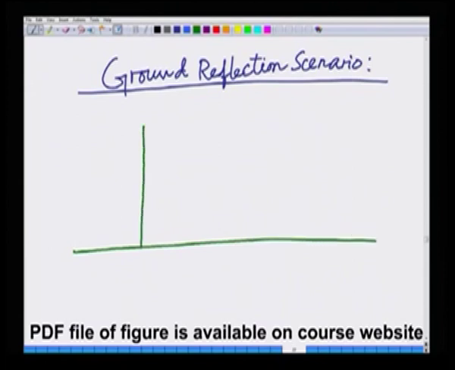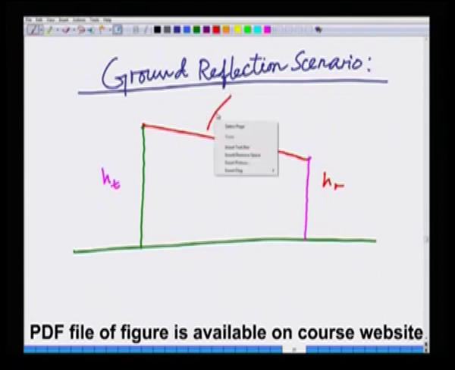I have a transmitter at a height ht and a receiver at a height hr. So, ht is the height of the transmitter, hr is the height of the receiver. Now, there is a direct path between the transmitter and the receiver. This is the line of sight or LOS path between the transmitter and receiver.